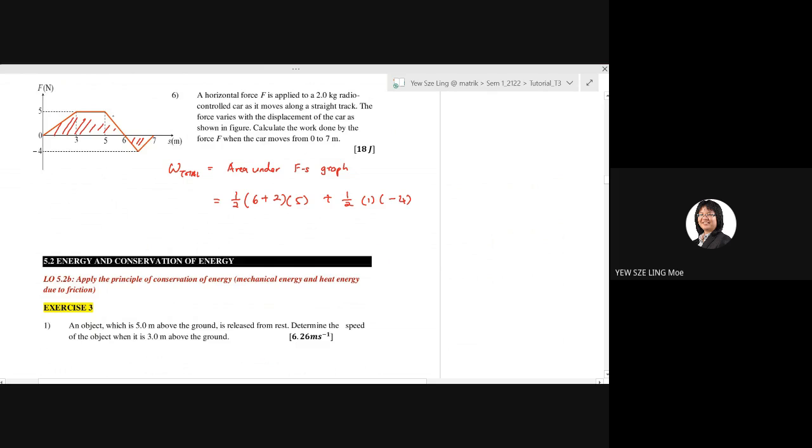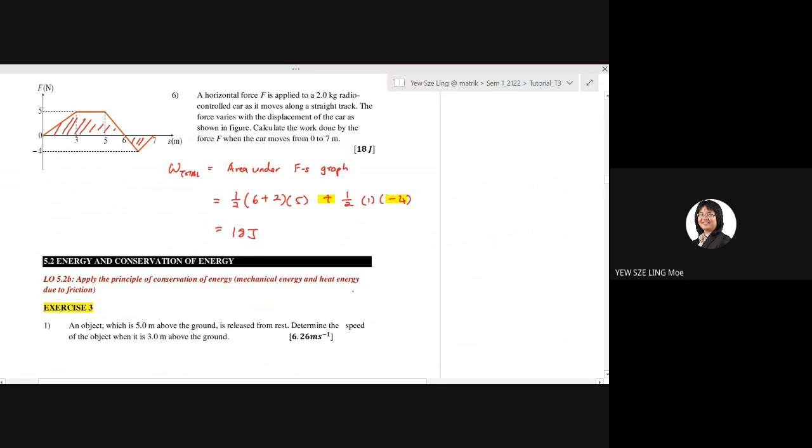Even though you know that you should use the positive area to subtract the negative area, in our calculations we are still going to use the positive sign, because we calculate total area, just that we put a negative in our substitution of the force. So it is equal to 18 joule.